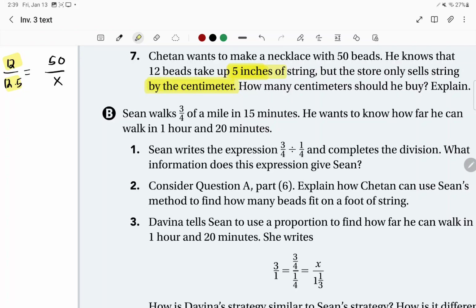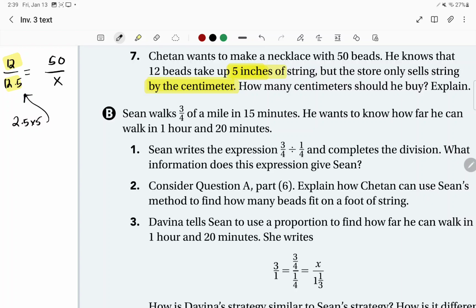So if I know how many centimeters are in an inch, and there's 2.5 centimeters in an inch, if you go back and look at your chart, there's 2.5 centimeters in an inch, right? Then it's going to be 2.5 times 5, and that's where that 12.5 came from.